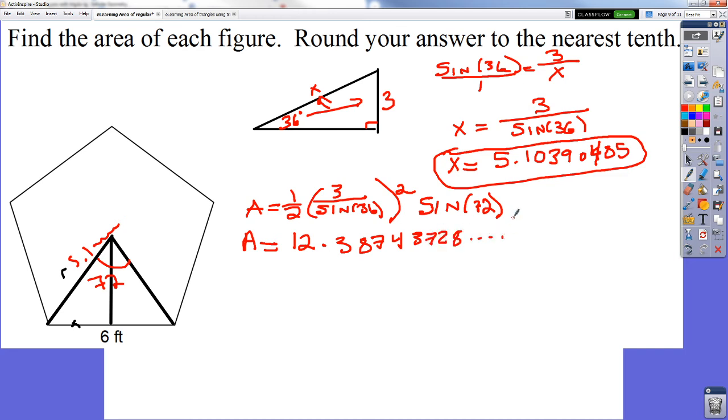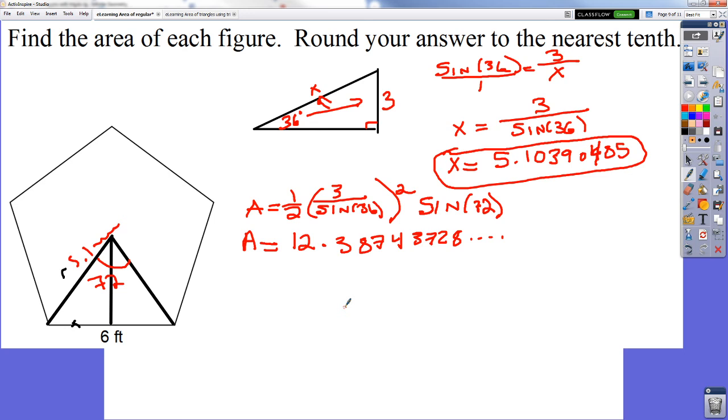And again, make sure you use the entire number because we are doing math with this, and we're going to get an answer that's not exactly true if we round early. In fact, if you typed in 5.10390485 into your calculator instead of this whole thing that I put in, you might find that your last couple digits are not exactly the same because you're already starting to see error.